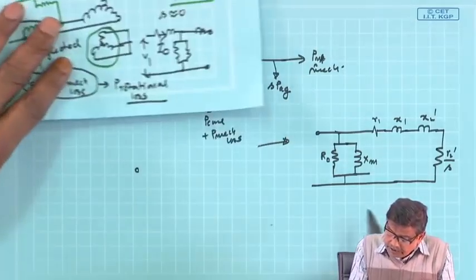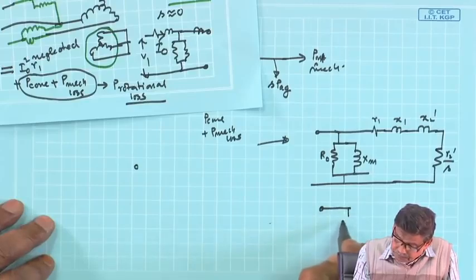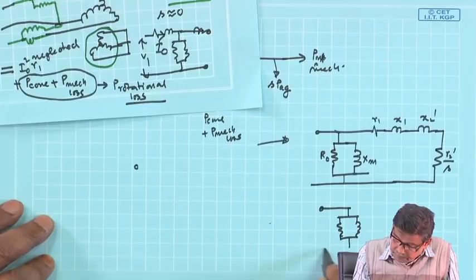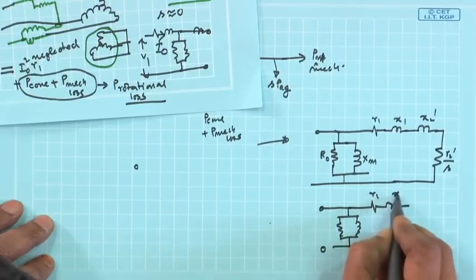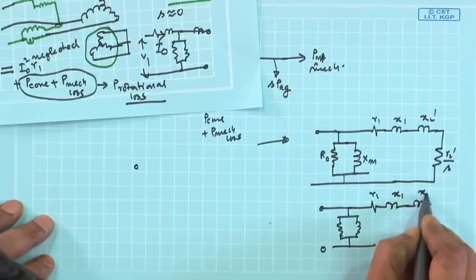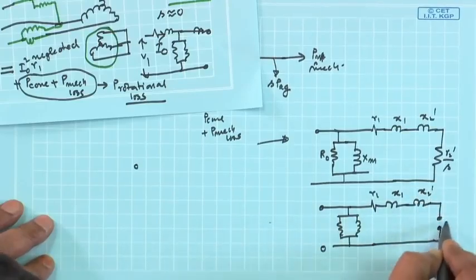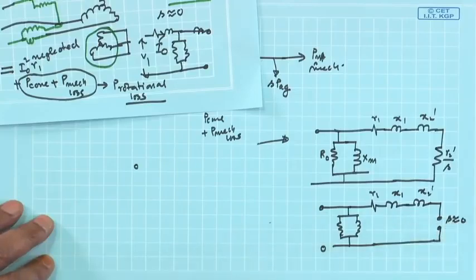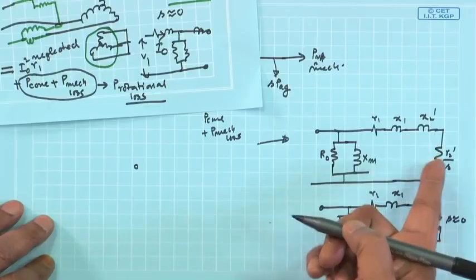Therefore, under no load condition, this circuit will be somewhat like this. These things are there. I am not neglecting anything, X2 dashed, and this is open, S is close to 0, and at full load condition this is the circuit, S equal to full load.